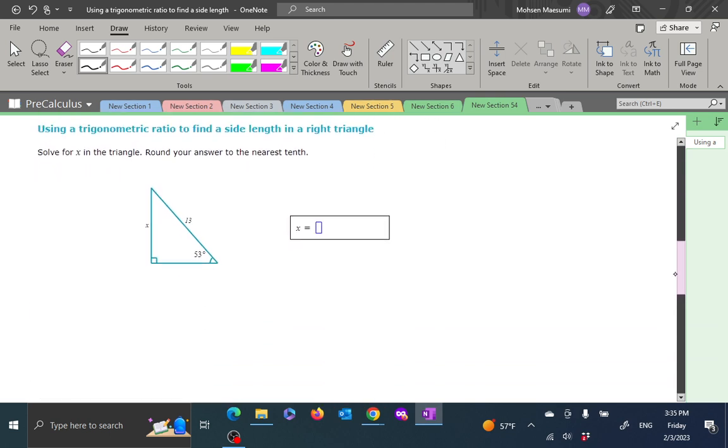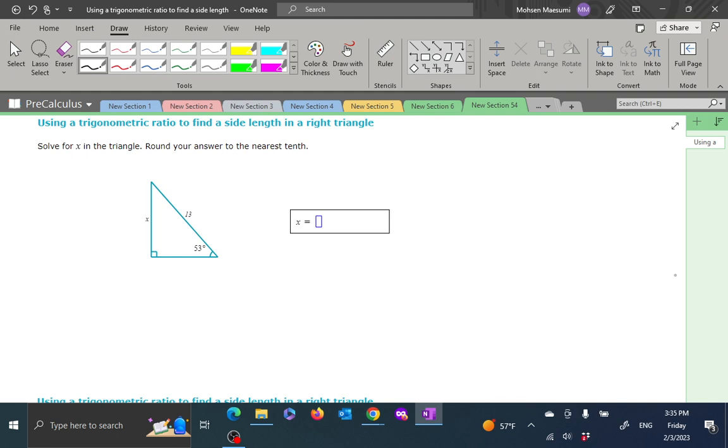Here is a similar problem, almost like the one we just did. So I have these three, x and 13 and 53, and what trig function connects these things to each other? With respect to this angle, that would be the opposite.